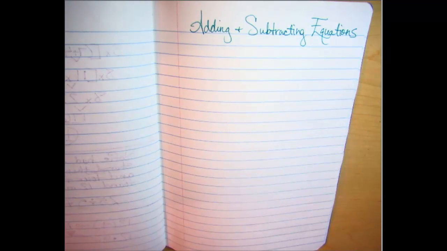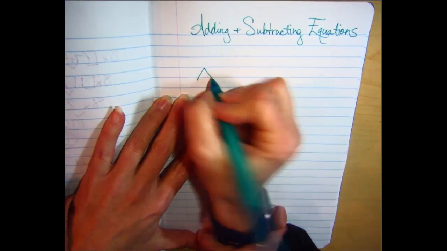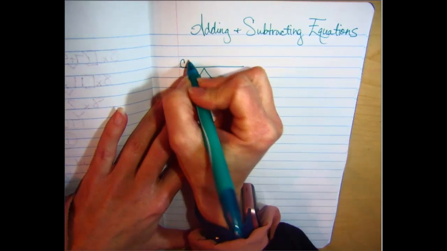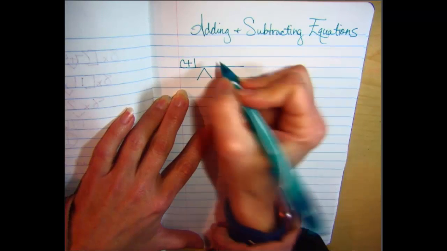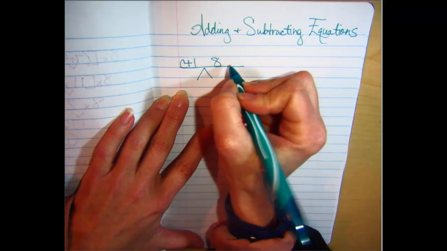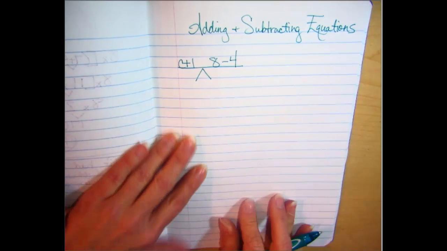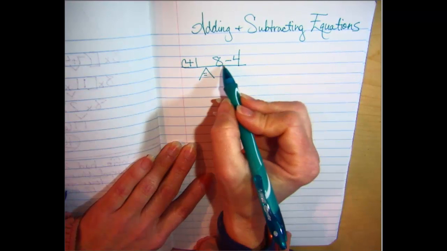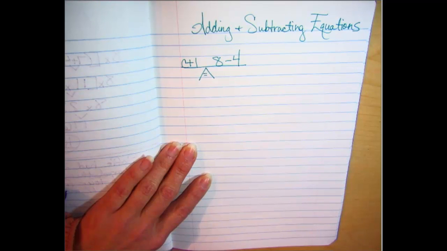let's do this one. So if I have c plus 1 is equal to 8 minus 4. We know we're going to have to take care of this 8 minus 4 first, which is 4.